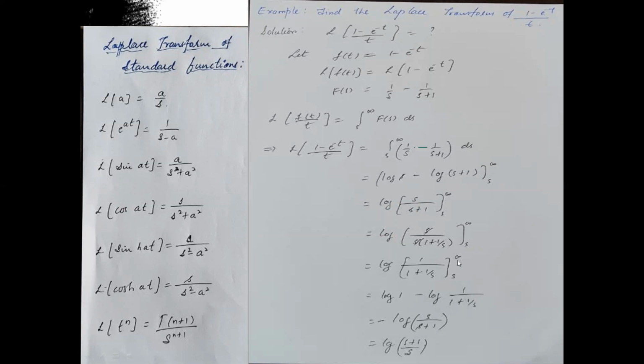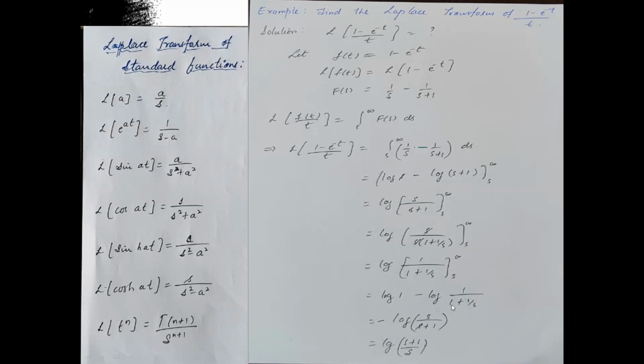Now the limits are from s to infinity here. If we put infinity now, this term becomes 0. So we are left with log of 1 minus lower limit s. If we put, the function remains same. Log 1 is 0 again. So we are left with minus log.